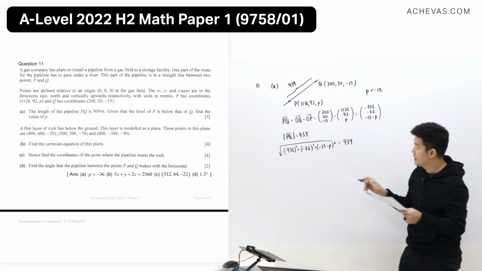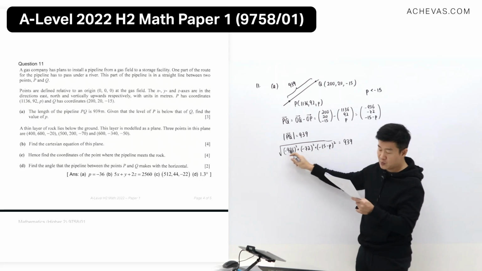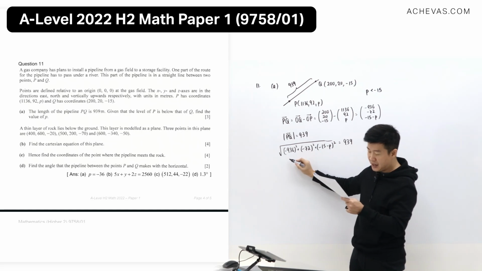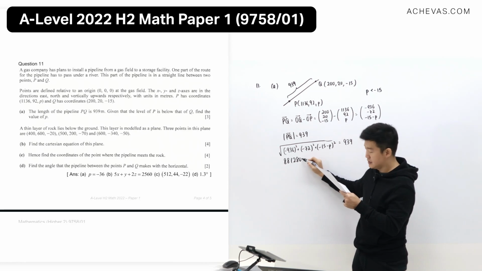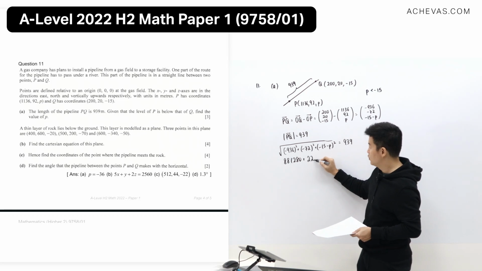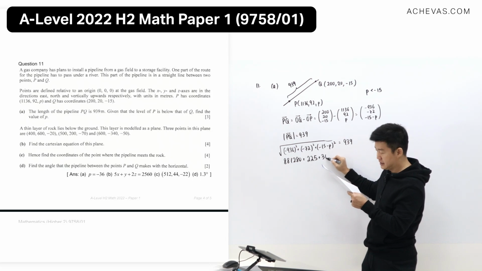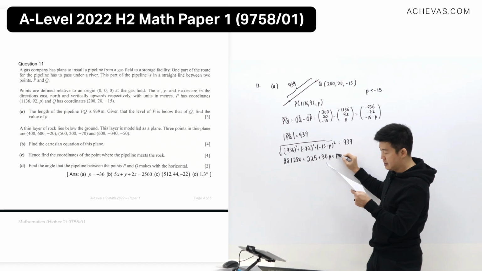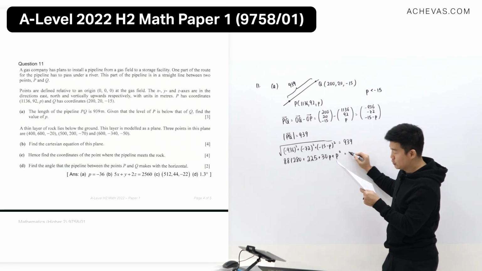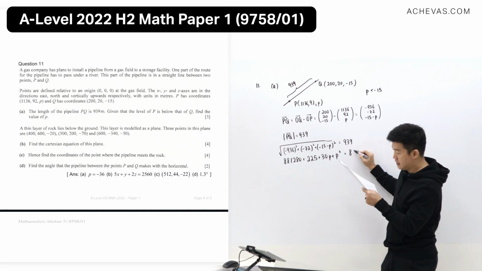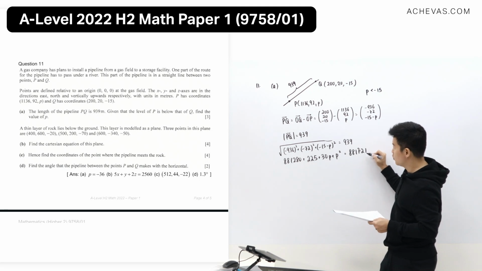We're going to square both sides, and we're also going to expand what we have within here. Expanding what we have within here is giving us 81280 plus 225 plus 30P plus P squared. This is equal to, squaring this, 881721.